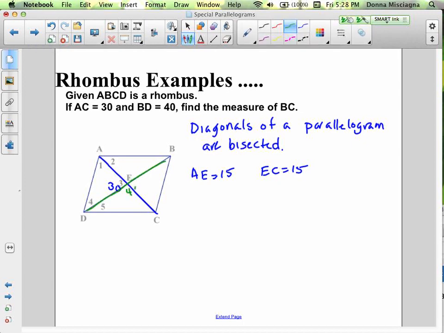BD is 40, so that's another diagonal, that means that DE equals 20, and the other one, BE equals 20.